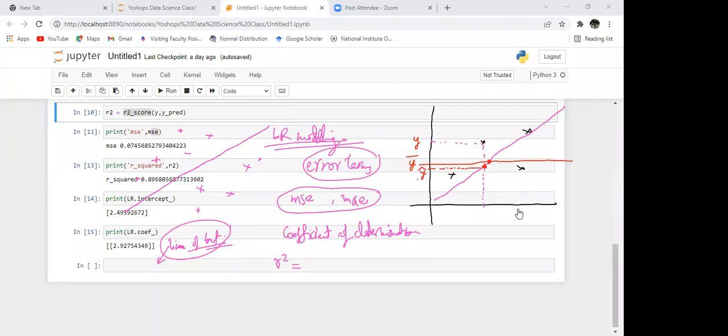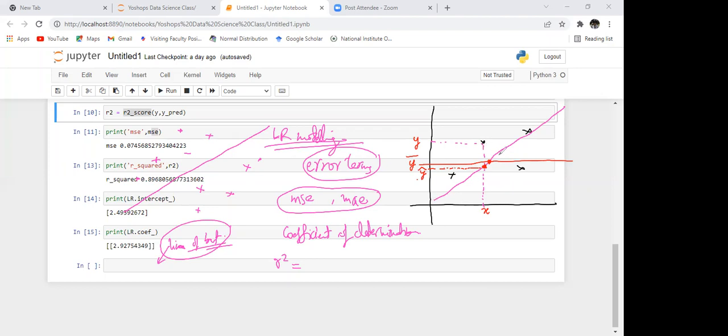Look at these terms. Suppose this is your line of best fit. These are your axes. And this is some data point, right?